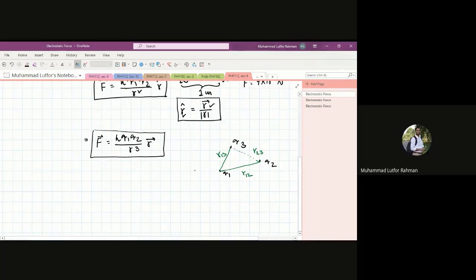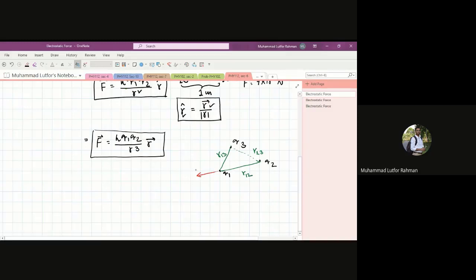Two forces. One will be provided by Q2, right? That would be towards that direction, because both are positive, so Q2 will get away from me. They will repel each other.